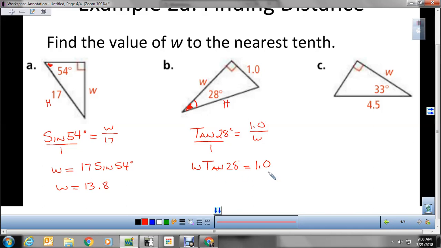Now, we're looking for W, so we have to get rid of the tangent 28. So just like we would in algebra, you are going to divide both sides by the tangent 28. So this cancels and leaves us with W. And so now we go to our calculator.